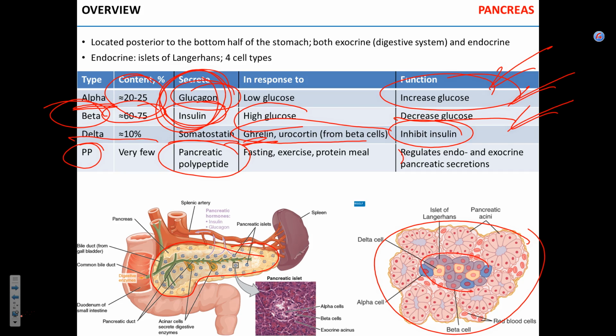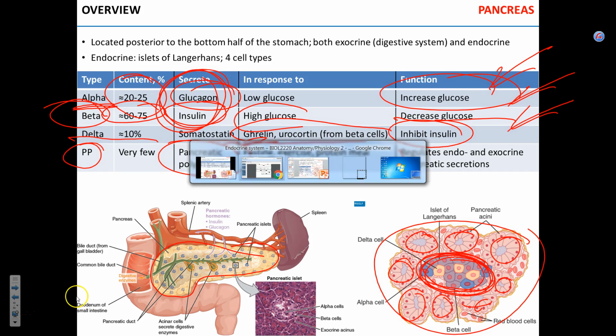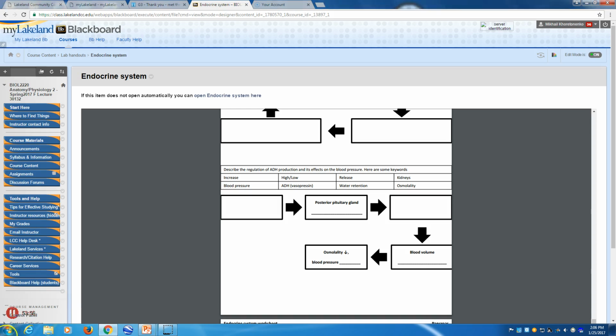This is the islet of Langerhans. Those structures that I initially circled are not part of it. That is the exocrine part. This is the islet of Langerhans. Of course, cells are not colored blue and red and yellow. It's just for convenience. You can see that this islet is composed of different cells.